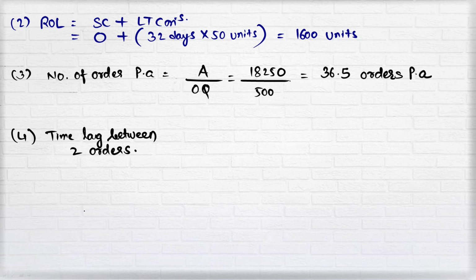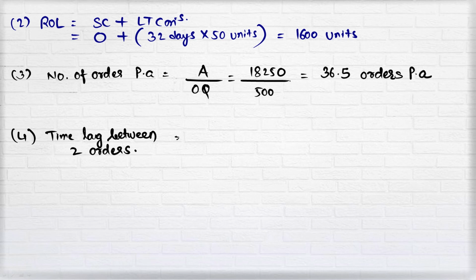How you will find out? Let me tell you what they are asking me. If there is a 12 quantity required per annum and I am ordering one quantity every time, my time lag is 1 month. I will be ordering every month. If I order 3 quantity at a time and if my annual requirement is 12, it will be 4 times, but it will be 3 months.